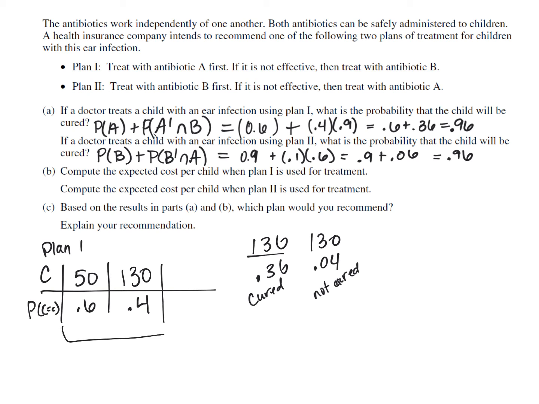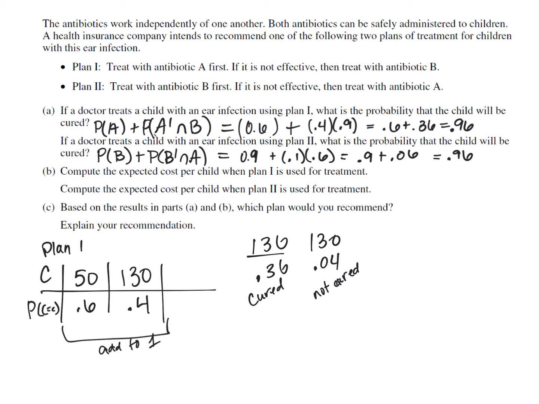Because those are the two possibilities, and remember, this has to add to 1. So I could separate it into costs $130 if you're cured, but it still cost them $130 if you were not cured. And that adds up to the 0.4. Yes?